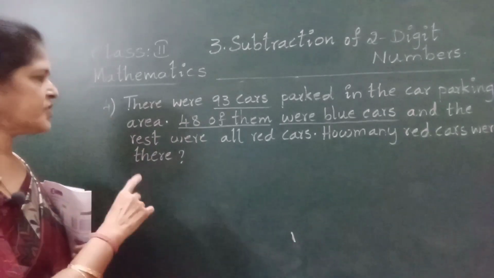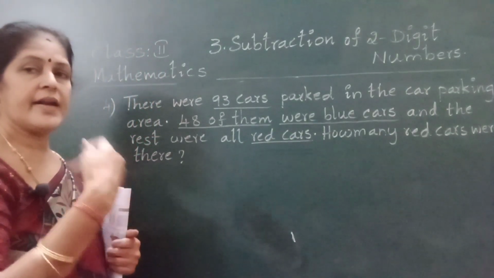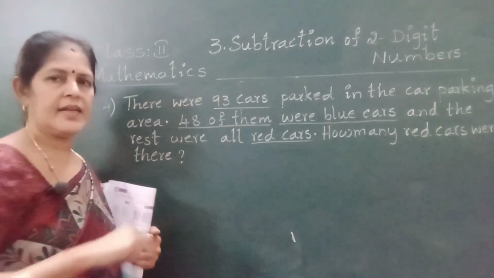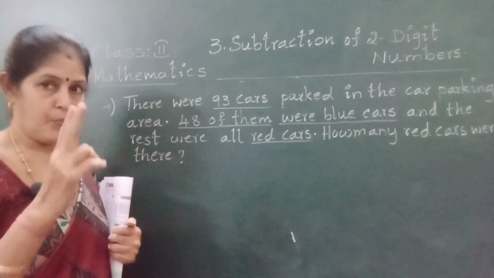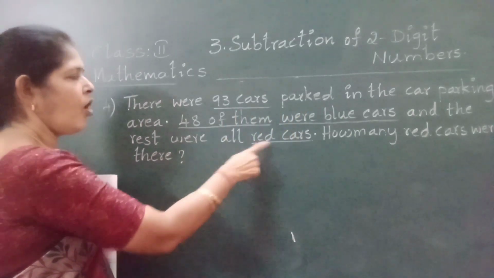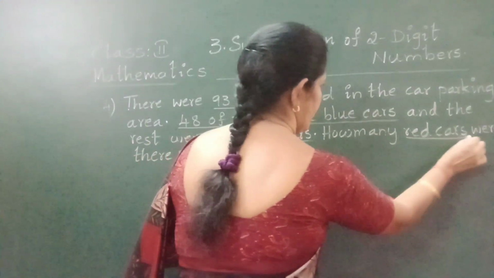And the rest were all red cars. Rest means remaining cars. That means 93 cars, red color cars and blue color cars both are there. How many red cars were there?